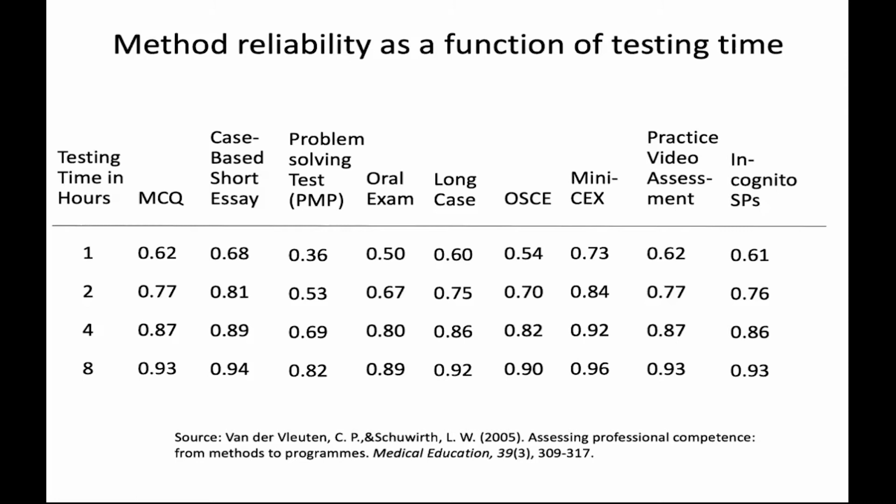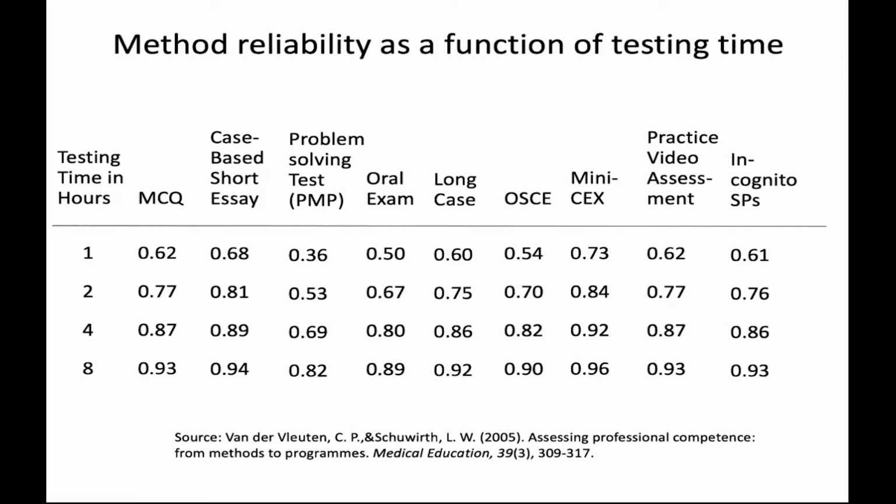The video assessment and the mini CEX and the oral exam are all very subjective. However, if you gather many subjective judgments, the reliability will be good. So it all depends on the sampling, right? So reliability is a matter of sampling.